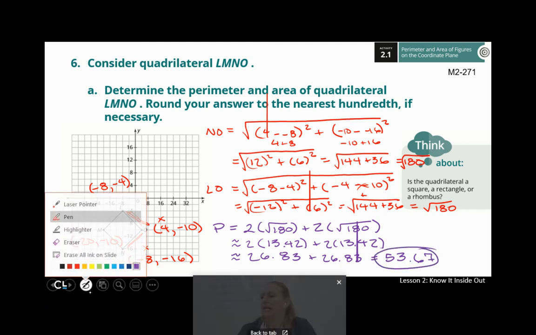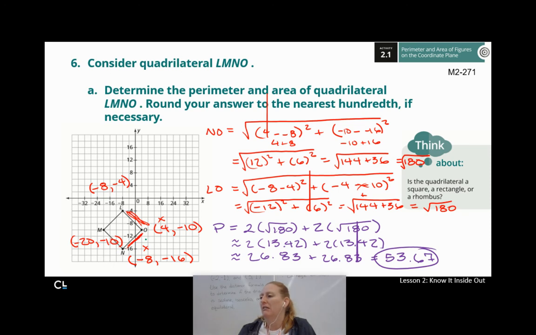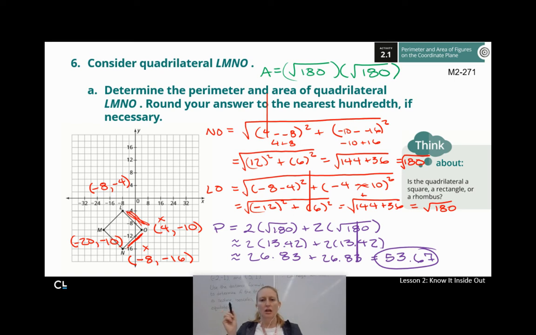I'm going to grab another color to give me some space to do my area. Area is easier. And let me show you why. So area is just length times width. So I'm going to do the square root of 180 times the square root of 180. Do you want to know a cool trick about square roots? If they're being multiplied, you can multiply this stuff inside before you do the square root.